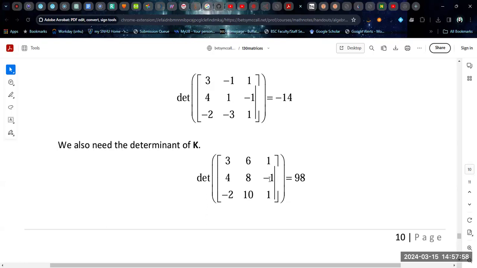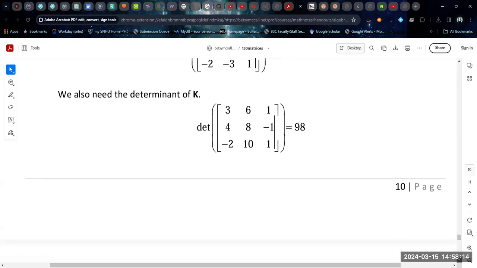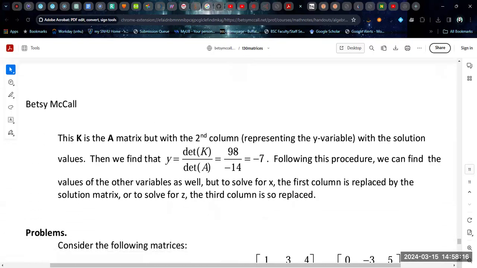And then if you wanted to solve for z, again, you would start with your original coefficient matrix, but you would swap out the last column, the z column, for 6, 8, 10. And when you calculated that determinant, you would also get 98. And 98 divided by -14 would also be -7. And so again, you'll get the same answers you got by any of these other processes.